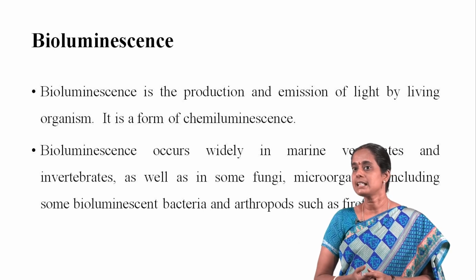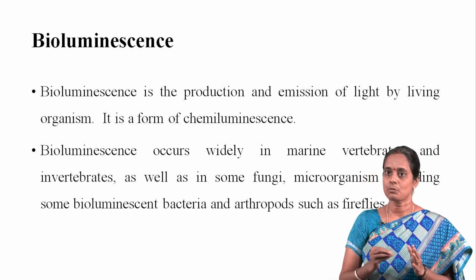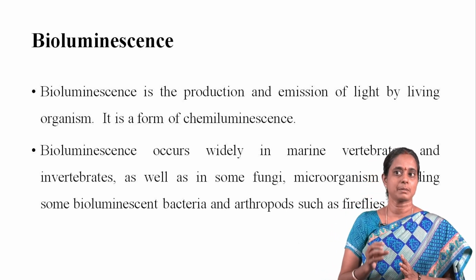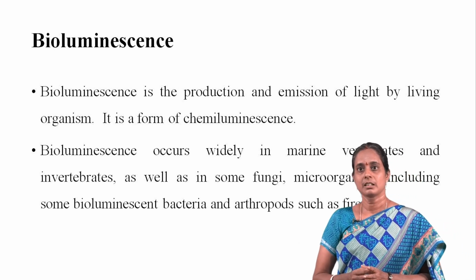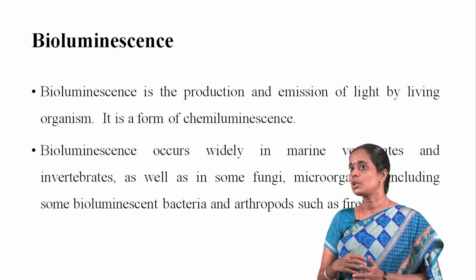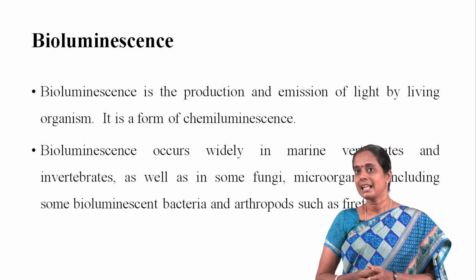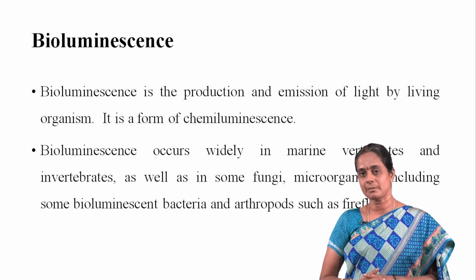That light energy is released by a chemical reaction. The reaction involves a light emitting pigment, the luciferin, and its enzyme. Because of the diversity of luciferin and luciferase combinations, there are very few commonalities in the chemical mechanism.